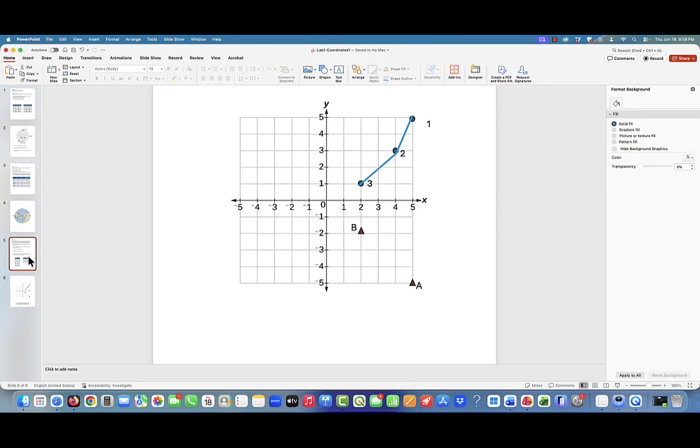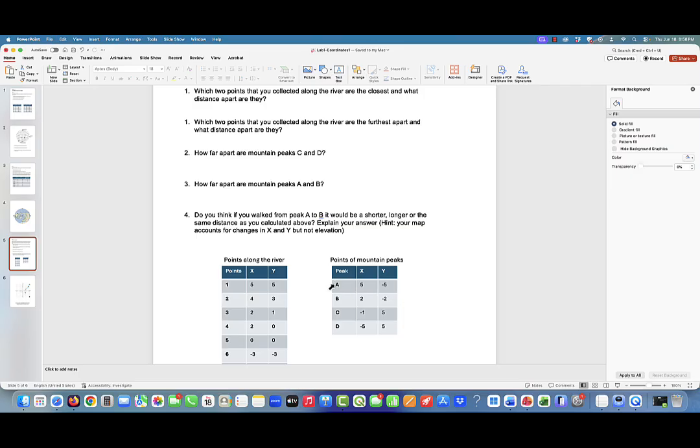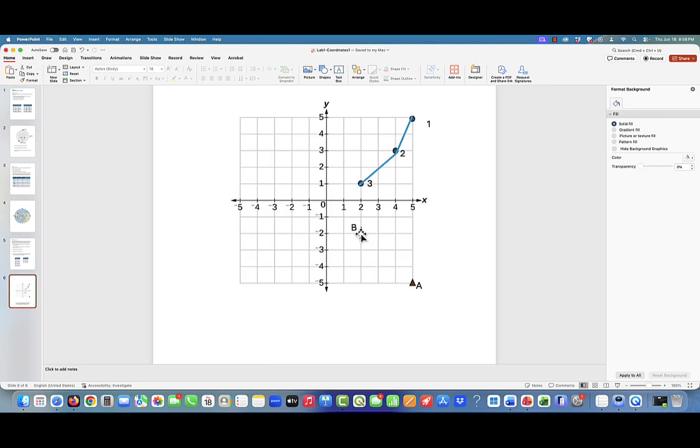Now, one of the things you have to do at various times in this is figure out what the straight line distance is between 2 points. So how far apart are the mountain peaks A and B? Let's do that one just because we already have those 2 points on. What we want to use for this is the Pythagorean theorem.